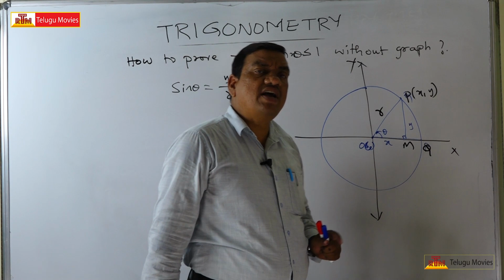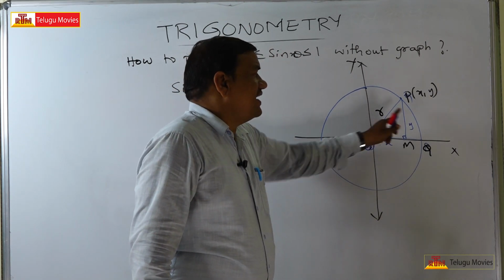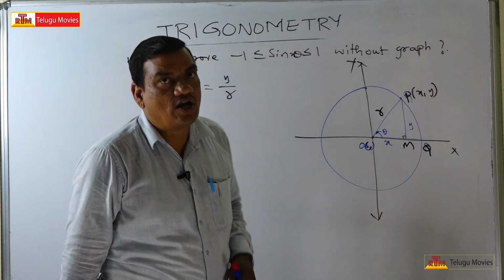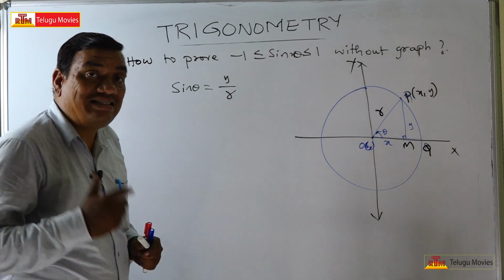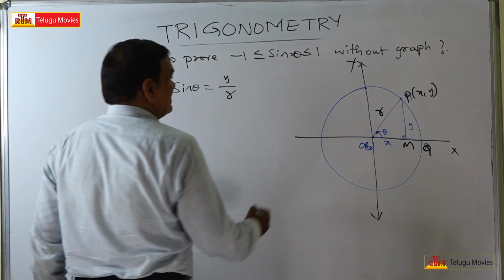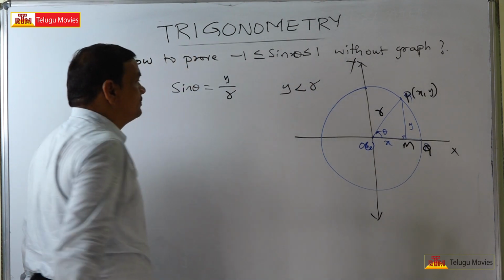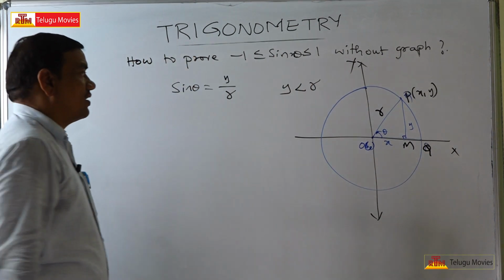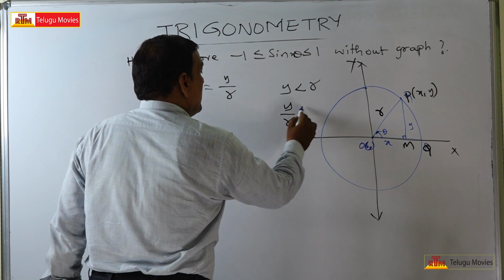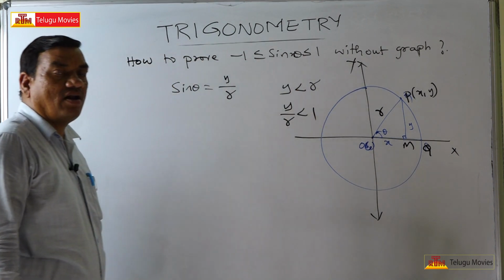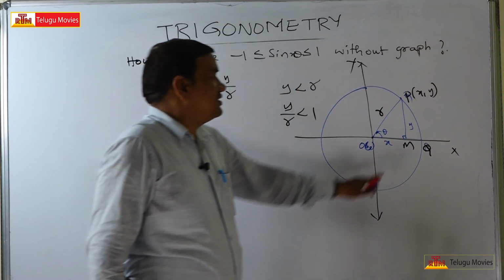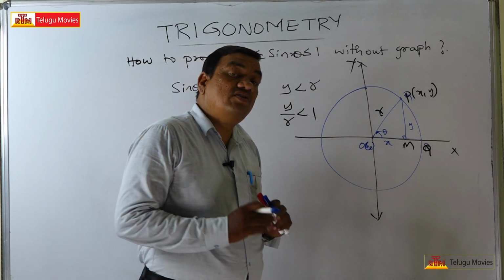Always we know that the radius is greater than this side, or the side is less than the radius. That means y is always less than r. That means y by r is less than 1. Right or wrong? The y value is less than r. That means the y by r value is less than 1.